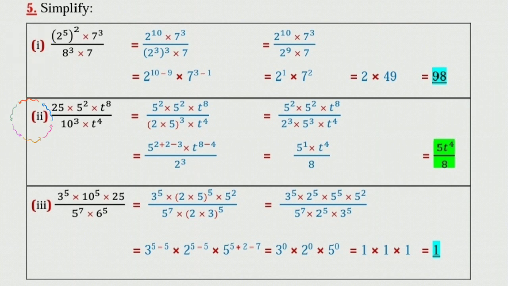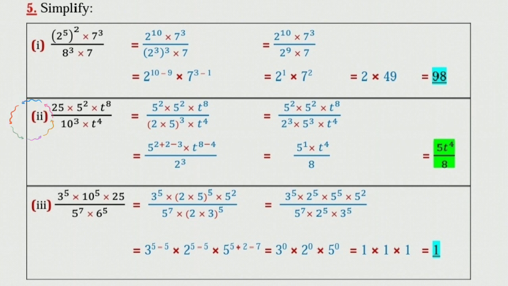Second: 25 × 5^2 × 2^8 upon 10^3 × t^4. Students, first simplify this. We can write 25 as 5^2, and 10^3 we can write as (2 × 5)^3. So after simplifying this, we will get 5^2 × 5^2 × t^8 upon (2 × 5)^3 × t^4.